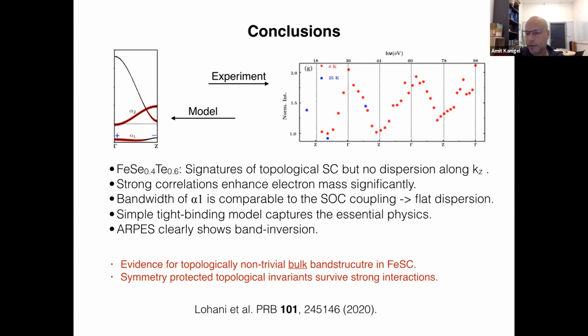This is a case where the interactions are really strong and completely change the band structure compared to the DFT. But in some mysterious way, the band structure somehow remembers the pair band structure, and these topological invariants remain intact. This entire story is summarized in this PRB paper. Thank you.